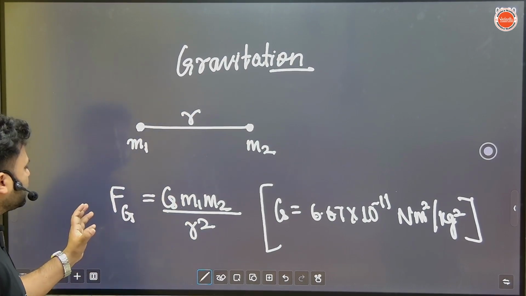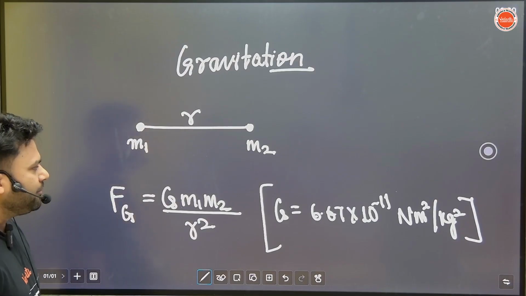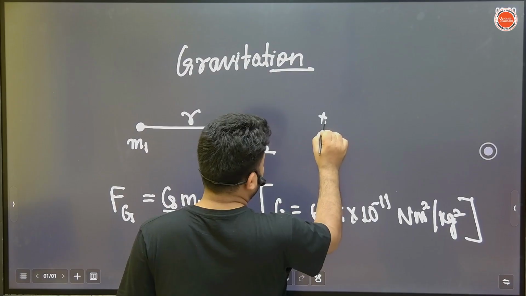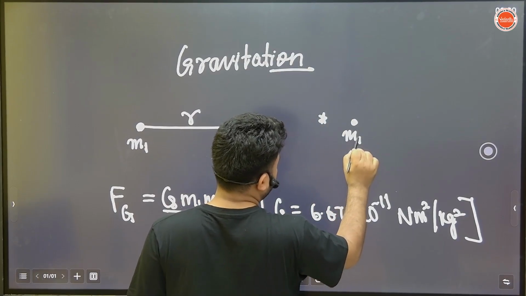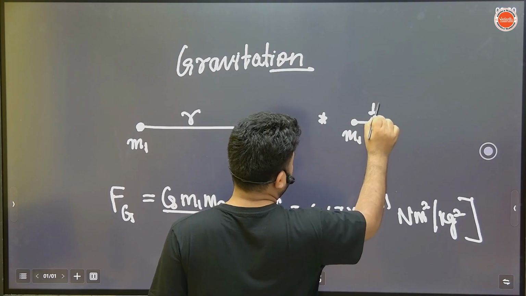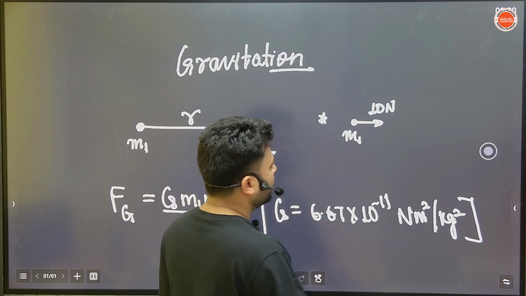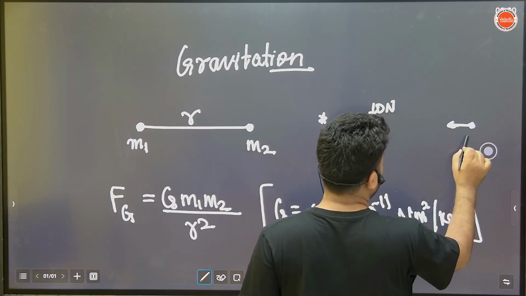So this is the force of attraction between these two objects. For example, try to understand one thing. Suppose m1 is attracted by 10 Newton, just an example I am taking. Then m2 will also be attracted by 10 Newton.